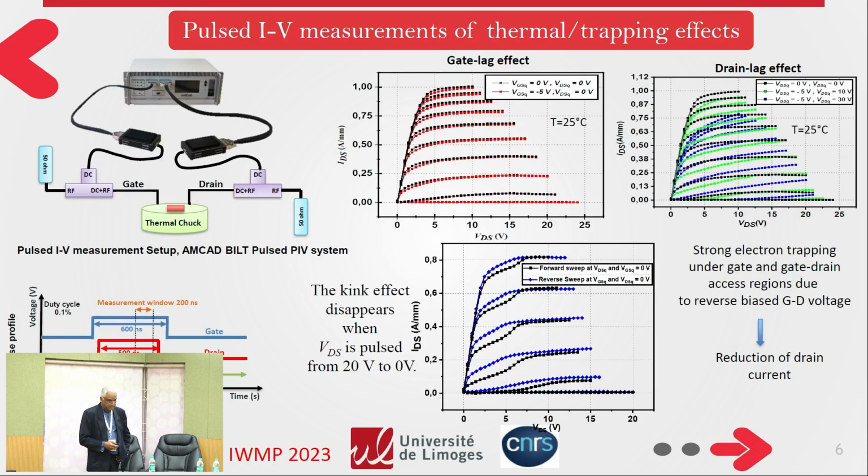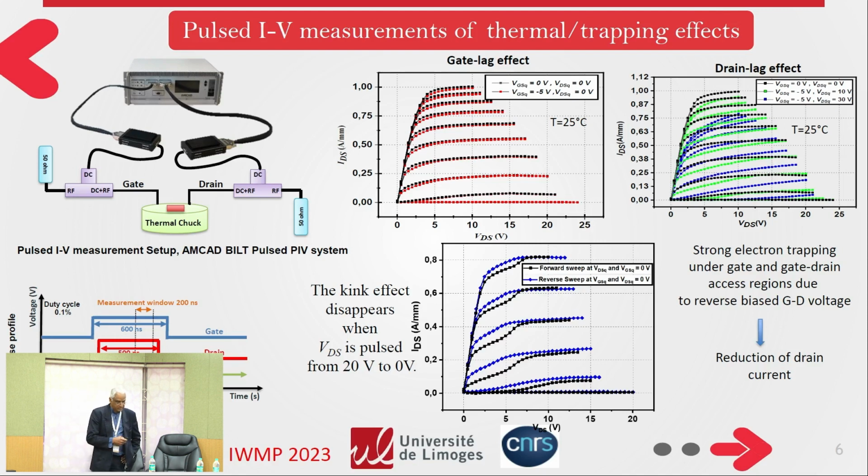The first thing, in order to investigate gate lag and drain lag effects, is that we performed these measurements using the AMCAD-built pulse IV system. I will show here the pulse profile.